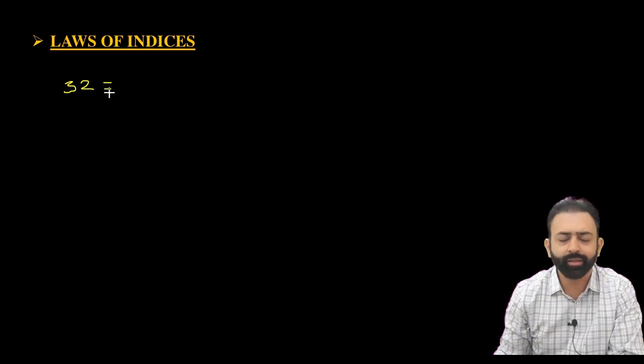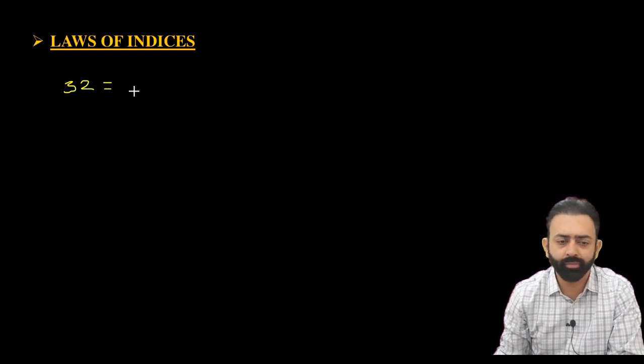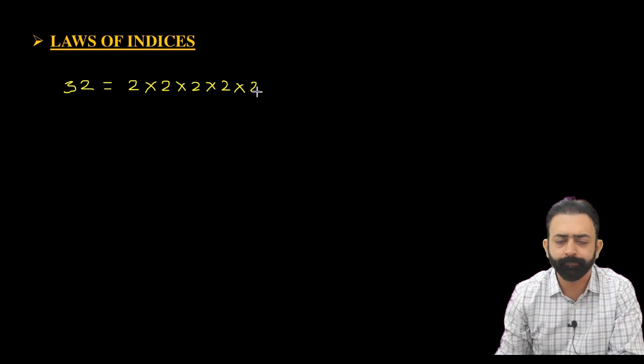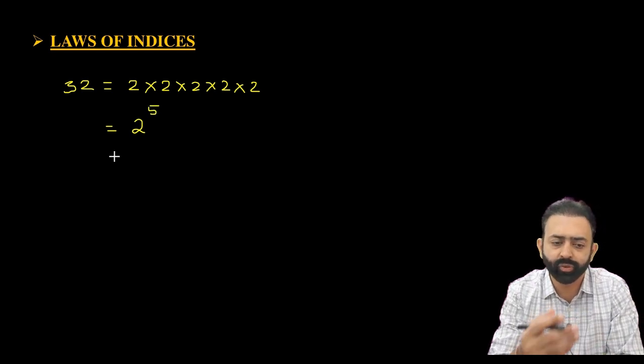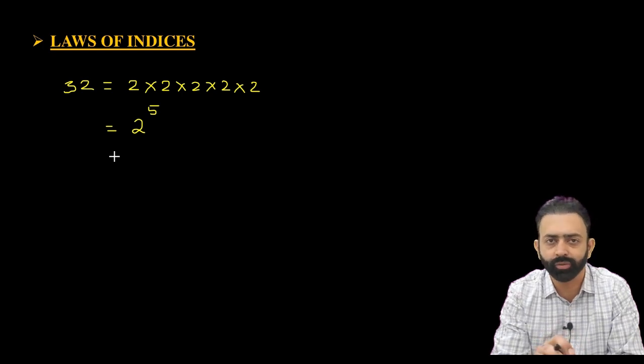This 32, if I write in its prime factorization form, can be written as 2 multiplied by 2 multiplied by 2, 5 times. So this can be written as 2 raised to power 5. This is pronounced as 2 raised to power 5. So this is called the exponential notation of the number 32, or exponent form of 32, which is 2 raised to power 5.